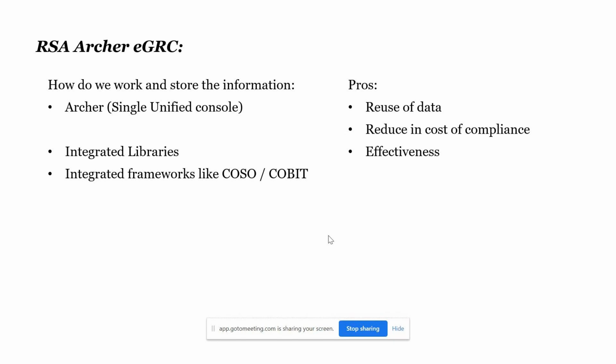When you say integrated libraries, let's say you have a risk. To mitigate the risk, they'll be putting some controls on it. Let me take an example of tailgating.